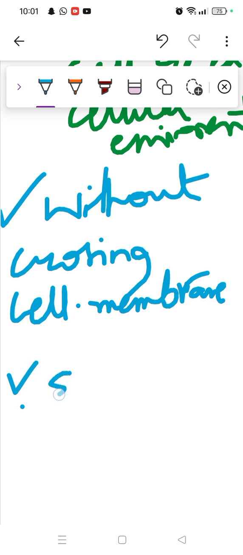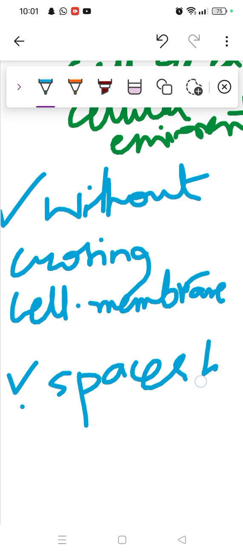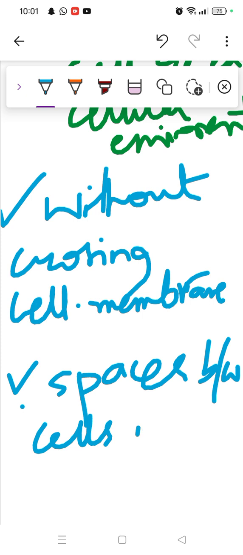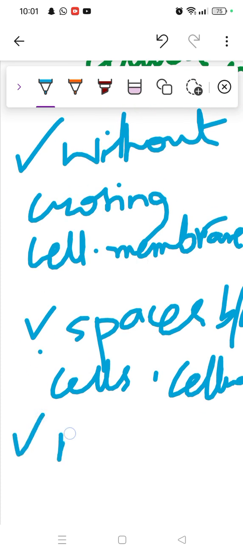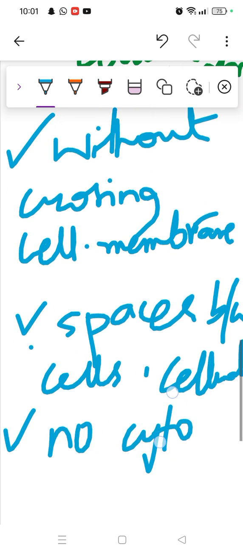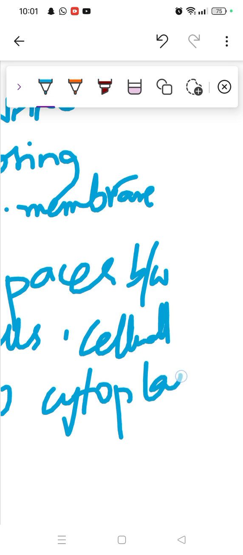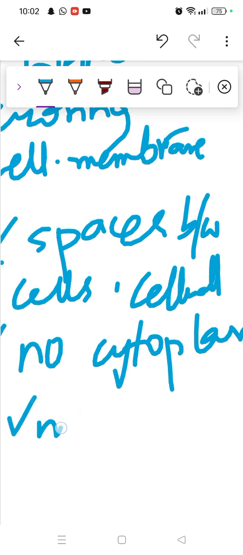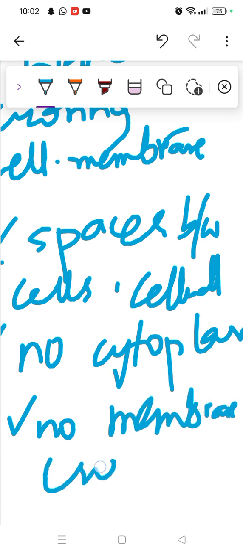Second is movement through spaces, which are extracellular spaces, moving through the cell wall and spaces between cells. The movement is through the cell wall, but it does not take place in the cytoplasm. This means no cytoplasm, no membrane involved, no membrane crossing.